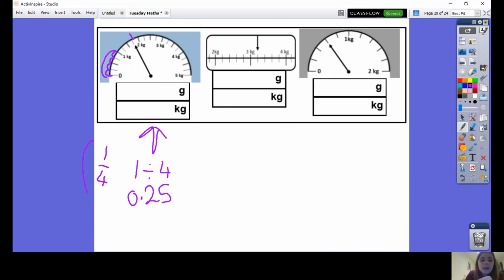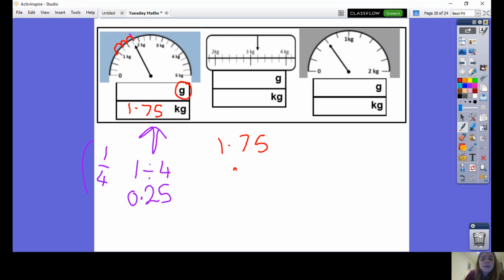So to do my kilograms, I would have to now count in 0.25s. Okay, if you didn't get this one, count with me, please, from 1, 1.25, 1.5, 1.75. 1.75 kilograms, and I would then convert that into grams.